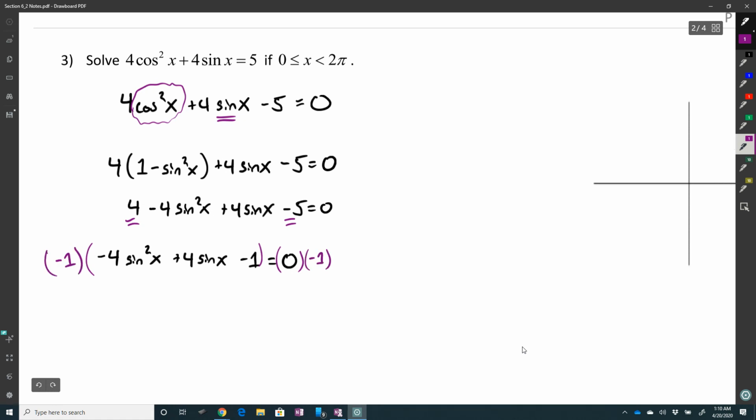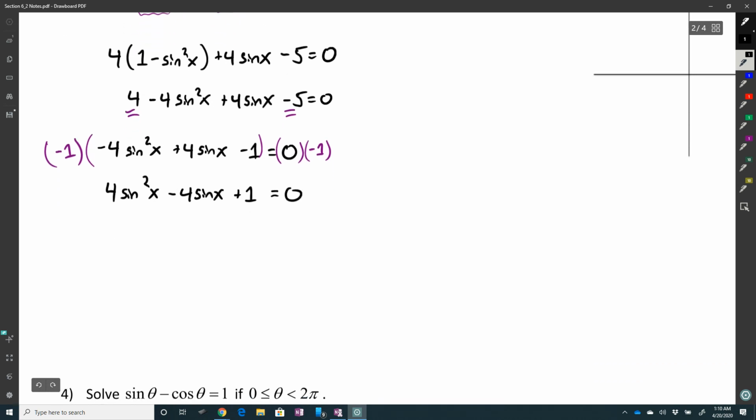Because why not? All that does is that changes the signs to 4 sine squared x minus 4 sine of x plus 1 equals 0. Now notice that this here is a quadratic that I can hopefully factor, and it turns out it is factorable. If you don't like to factor, you can also use the quadratic formula. I'll do that on the side in a little bit.